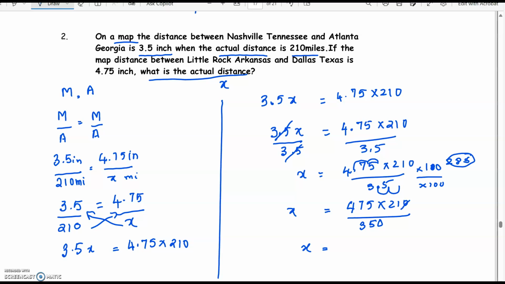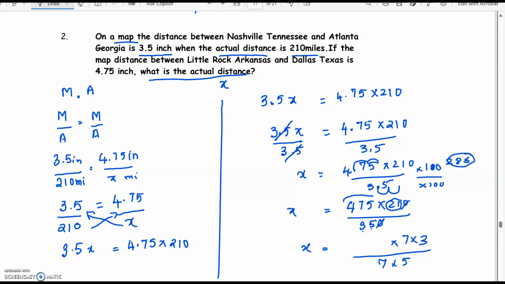I guess we could cancel this, because that's a 10 in the numerator and a 10 in the denominator. Now let's think about what else can be cancelled. 35 is 7 times 5. Remember that 7 goes 3 times into 21. So let's split this as 7 times 3 is 21. The denominator is easy. 7 times 5 is 35.